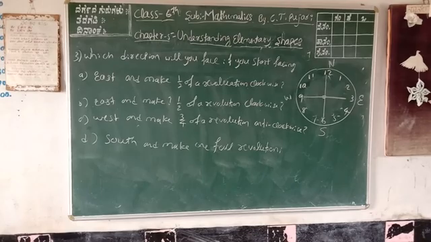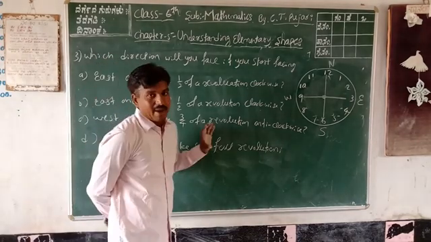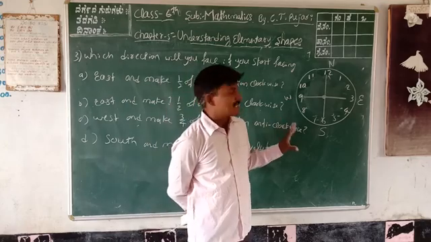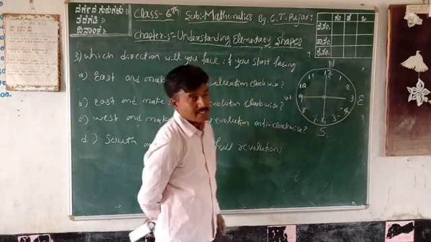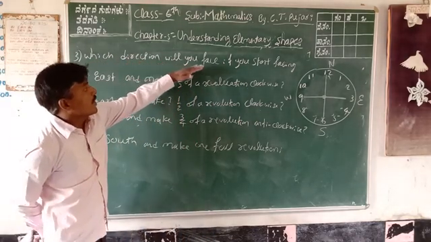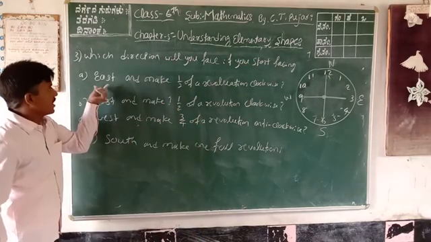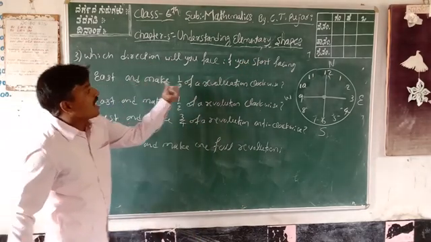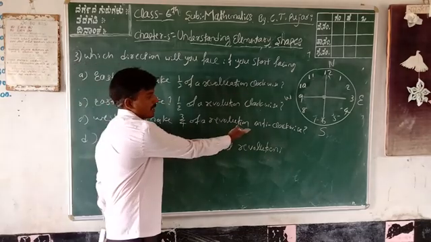Okay. Next one is what? In the clockwise direction, you can mention all directions: east, west, north, south. In these questions, which direction will you face if you start facing east and make half of a revolution? The first question is clockwise, and this question is anti-clockwise.